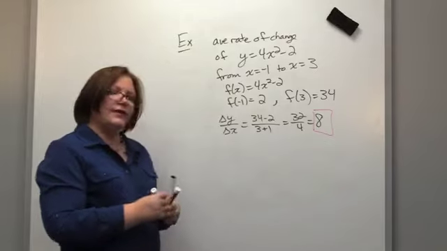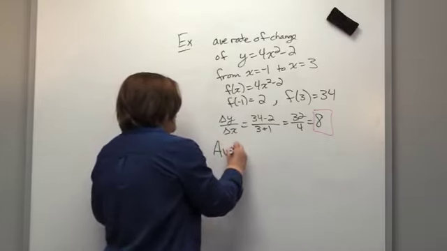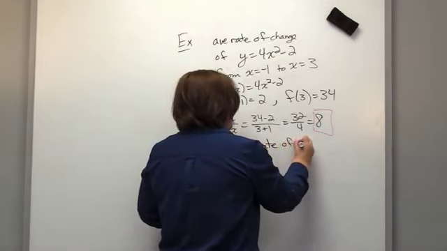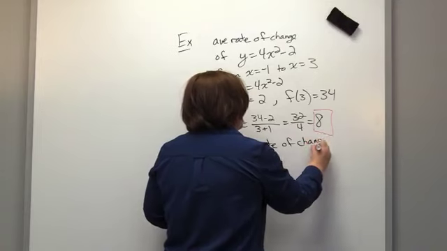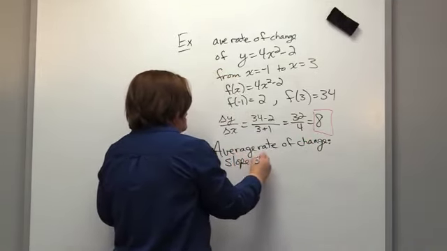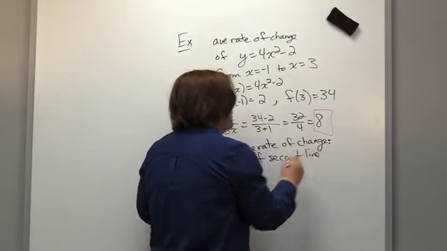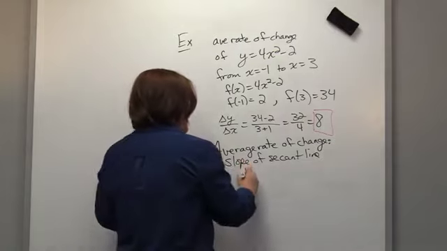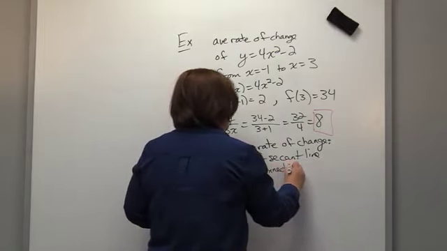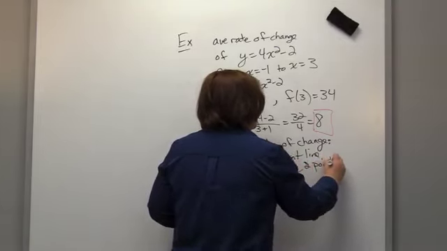And what average rate of change is on the graph: this is the slope of the secant line, which is a fancy name for the line connecting the 2 points.